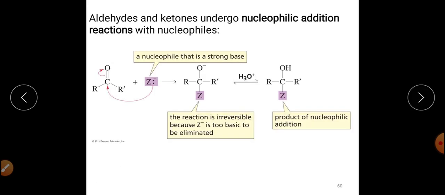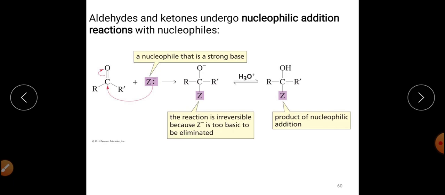But if we apply this general mechanism in case of aldehyde and ketones, we find that in case of aldehyde we have hydrogen that is replaceable, and in case of ketone we have R group that is replaceable, and both are not good leaving groups, they are very bad leaving groups. So nucleophilic substitution reaction is not possible in that case.